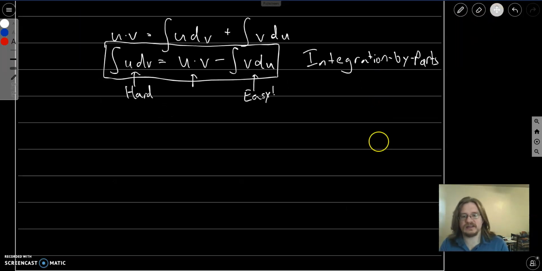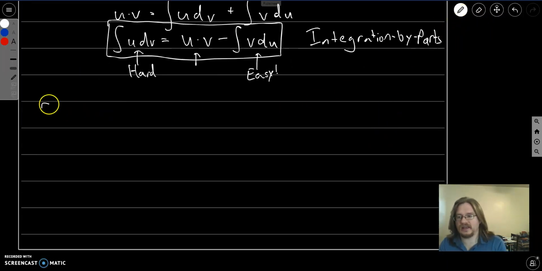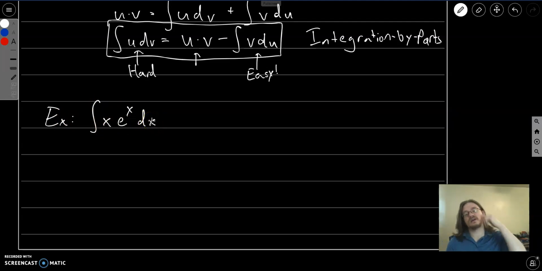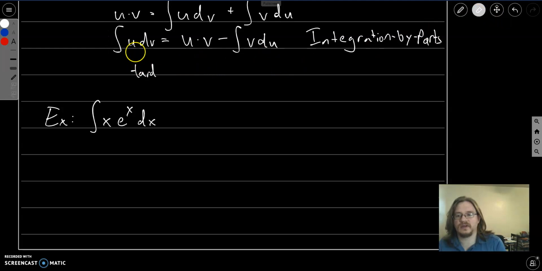So let's look at the integral that I had here, which was the antiderivative of x e to the x dx. So when we look at our formula, let me erase some of that and highlight it again.